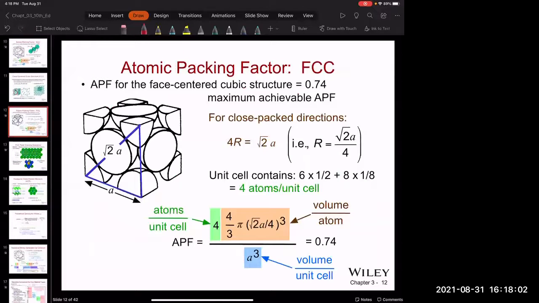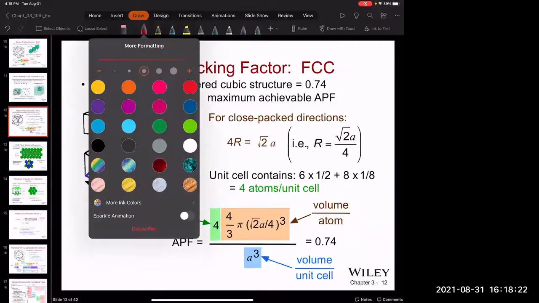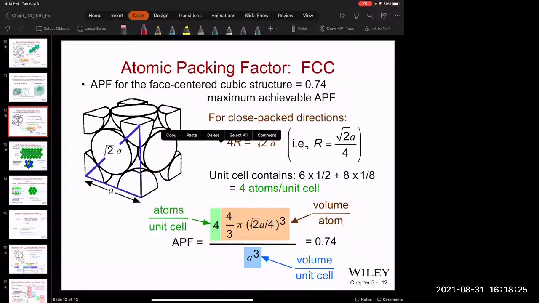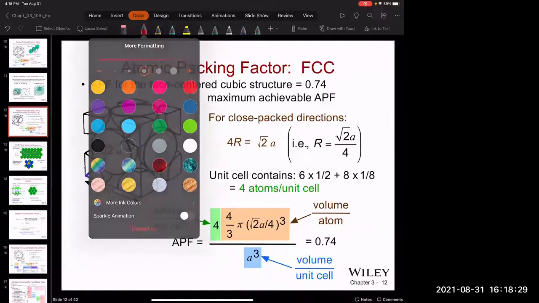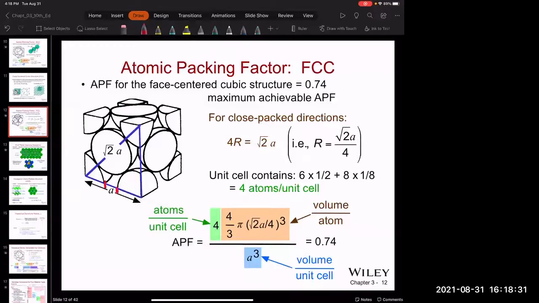You're going to do a similar thing to find out how this R is related to the A, and just look at the geometry and look at where each one of the atoms is going to touch each other, because you don't know the space between here and here.